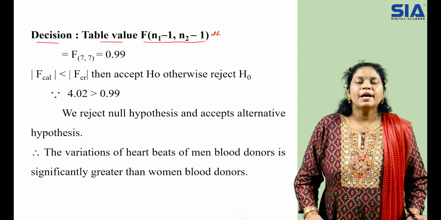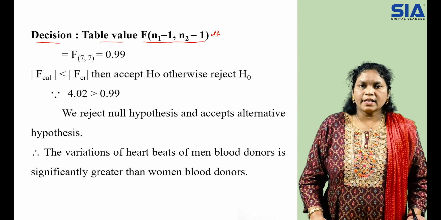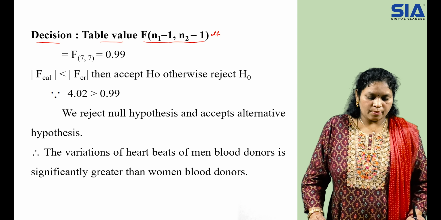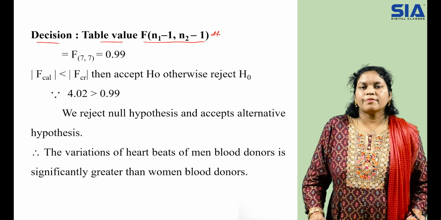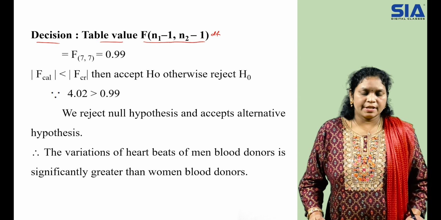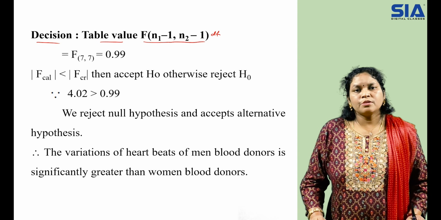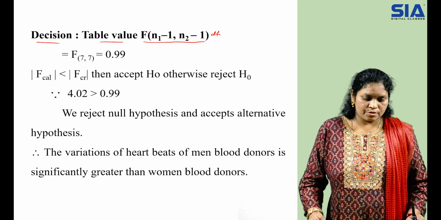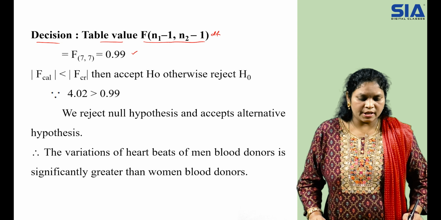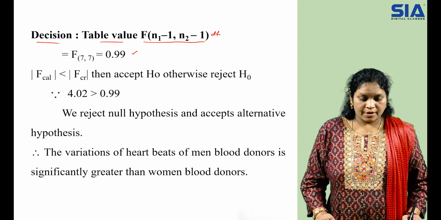Definitely we require degrees of freedom, and based on that we go for a table value. From the F tables we obtain the critical value. Here they did not mention any critical value, so we need to assume a value and go for the conclusion. So what I have done is I have taken the table value from the F tables, and I wrote it here.